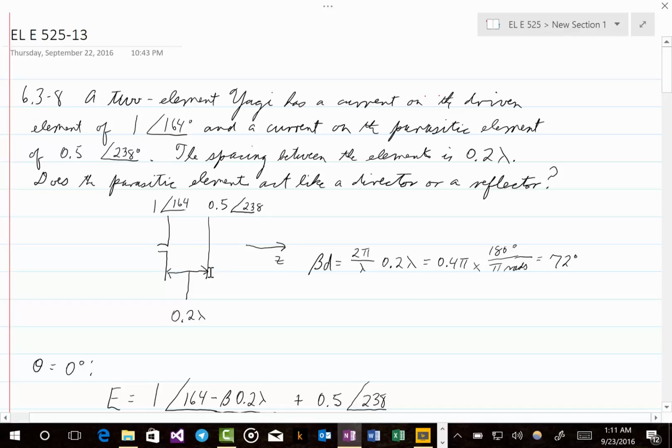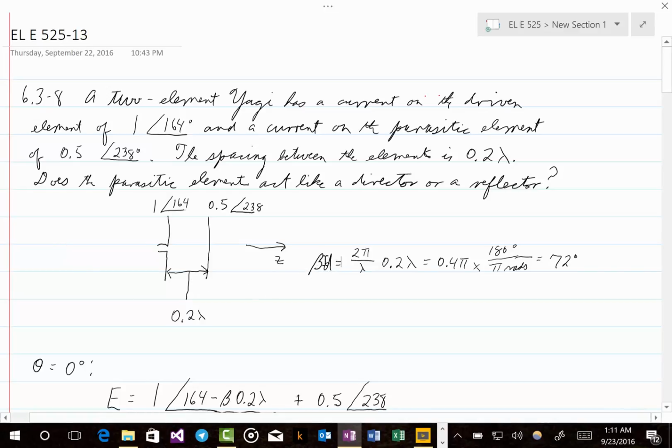If we call this separation distance d, which is 0.2 lambda, we already know from our previous problems that if we're going to find the pattern in the theta equals 0 degree direction and in the theta equals 180 degree direction, we're going to need the value of this quantity beta d. So let's calculate it right now.